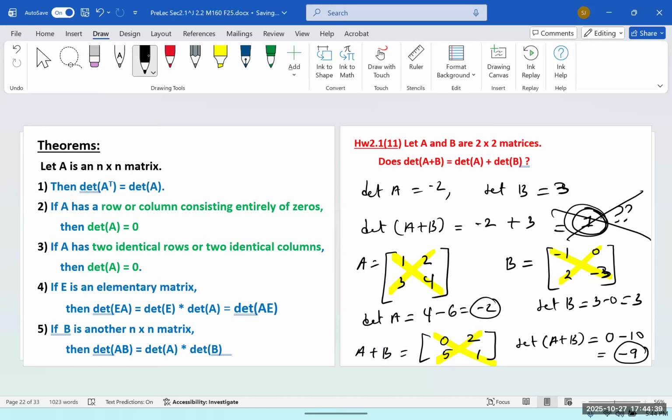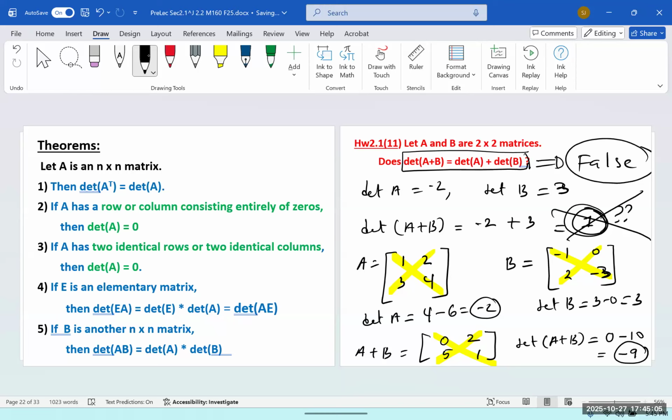Determinant of A is -2, determinant of B is 3. So we assumed A plus B should be 1, but what did you find? Determinant of A plus B is not 1, it's -9. So, is this true or not true? It's false.